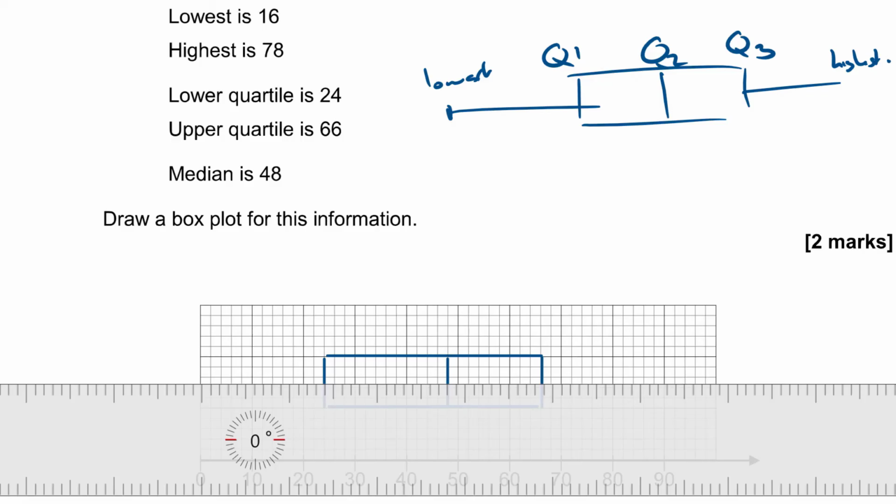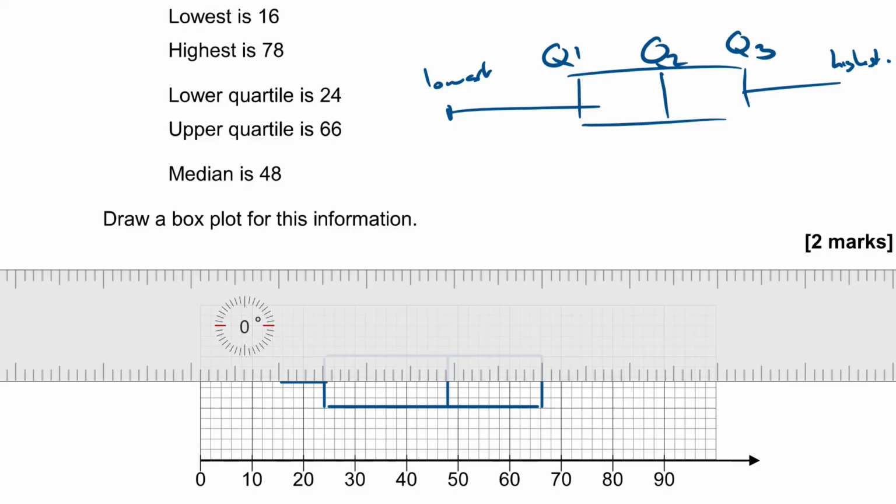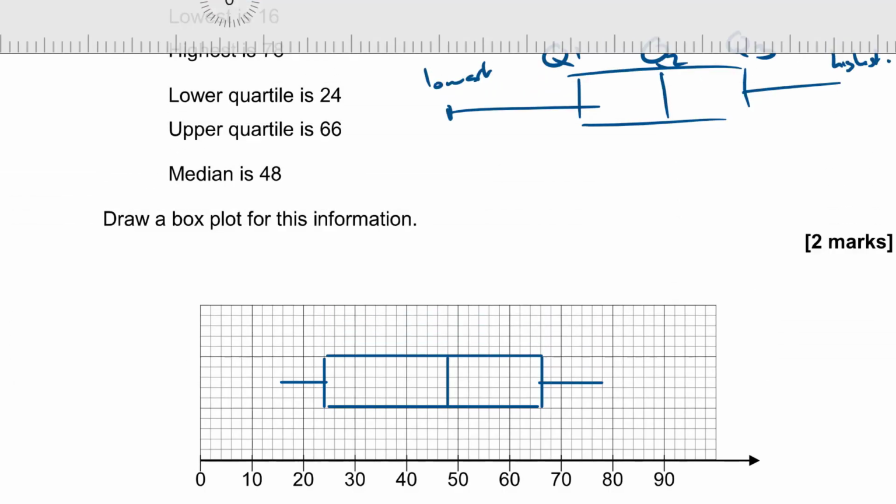So 16 is here. And then the highest value goes up to 78. Should have done it that way around so I can see the scale at the same time. And the upper whisker goes up to 78 there. Okay, so that's my diagram complete.